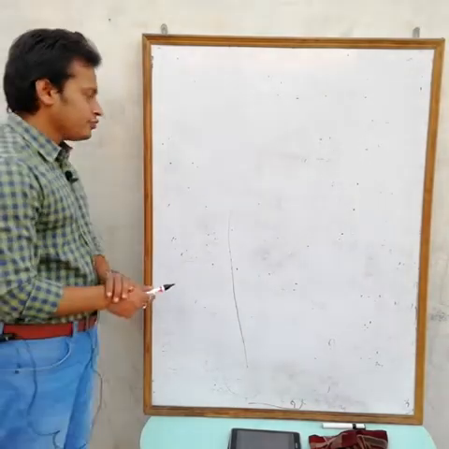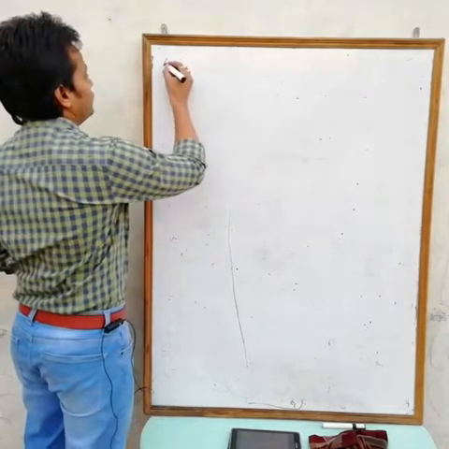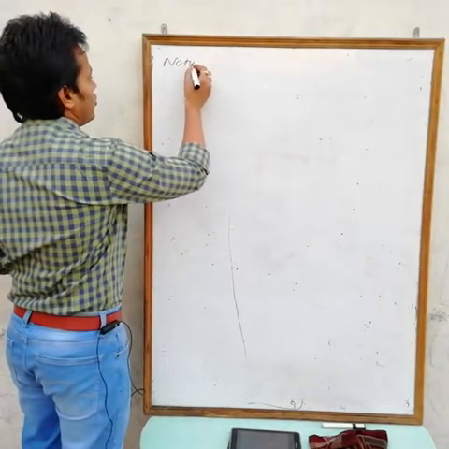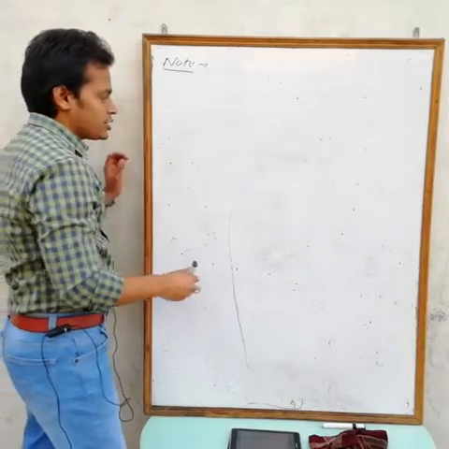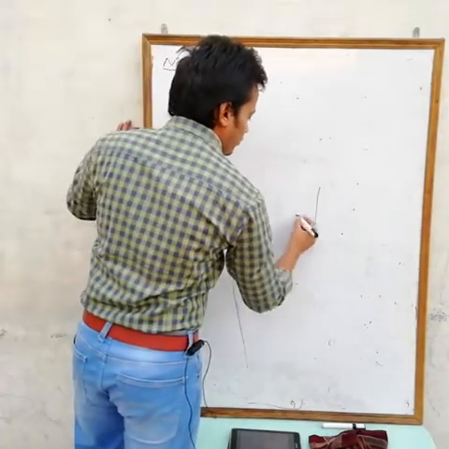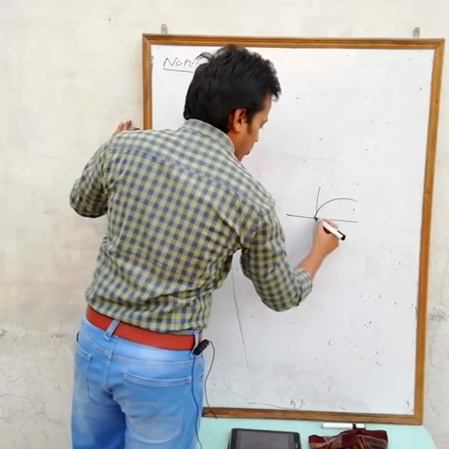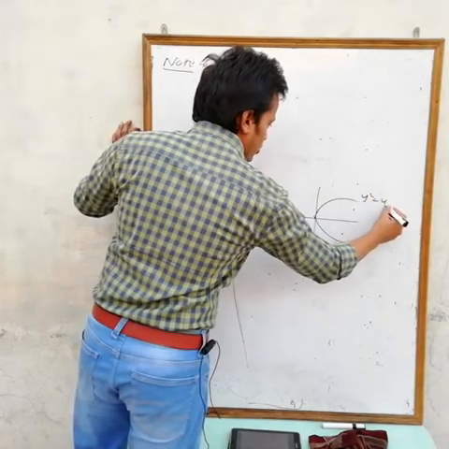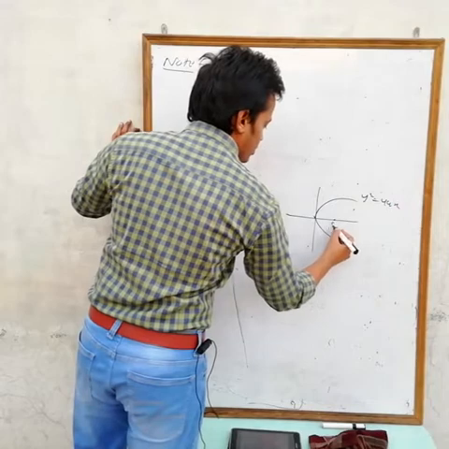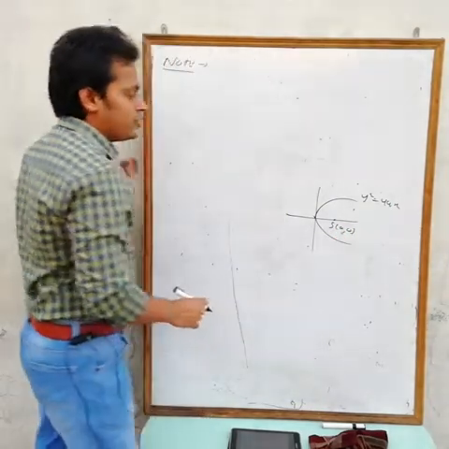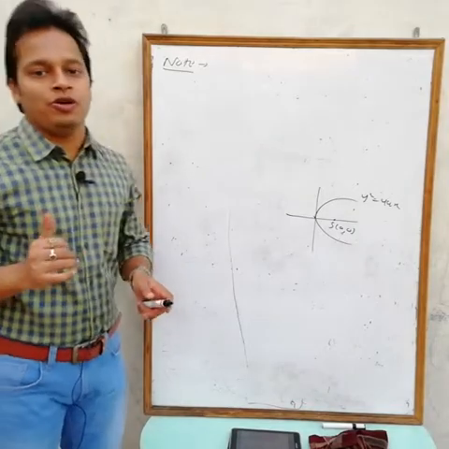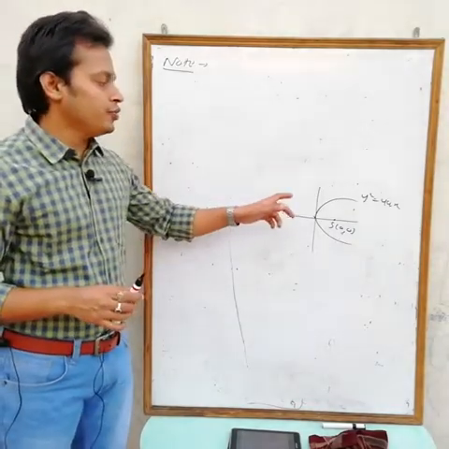Okay. Now next, we have some points about the equation of normal. This is the parabola y square equals 4ax and this is the focus. Now there is only one possible normal which can pass through this focus.